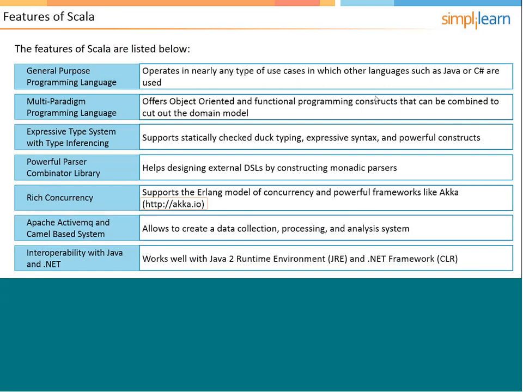Anything that you can do in Java or C Sharp or Python, you can do in Scala. There is no limit that Scala cannot achieve something which you can achieve using Java or Python. So it really supports all of the features of both the languages.